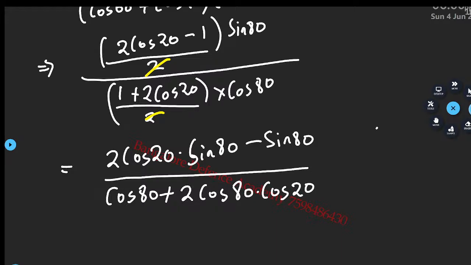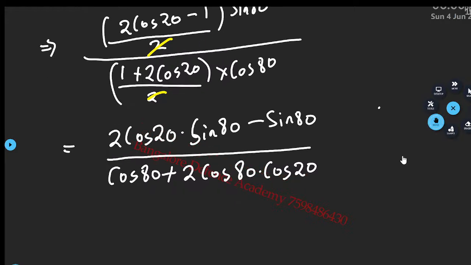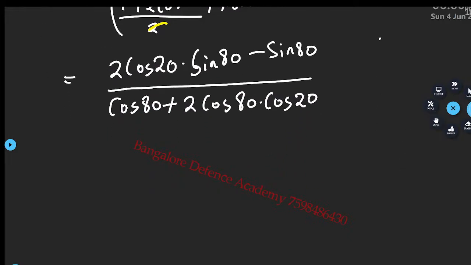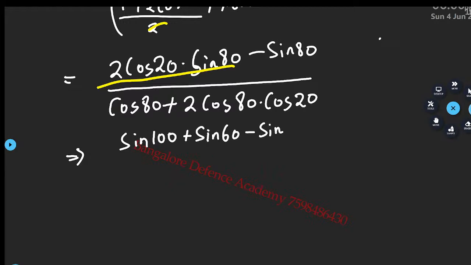Yes or no? Fine. Now again, now tell me, this can be written as sin A cos B. That means sin of A plus B, so it becomes sin 100 plus sin 60 minus sin 80 whole divided by cos 80, you keep it as it is.